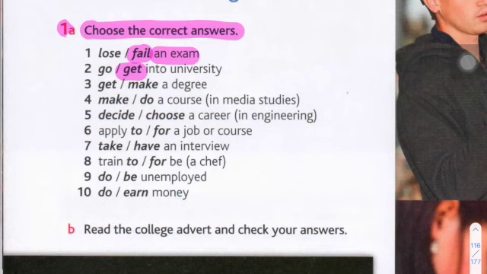Now, get a degree or make a degree. This one is easy, right? You don't make a degree, you get a degree. Well, number four is make a course or do a course. Make or do.